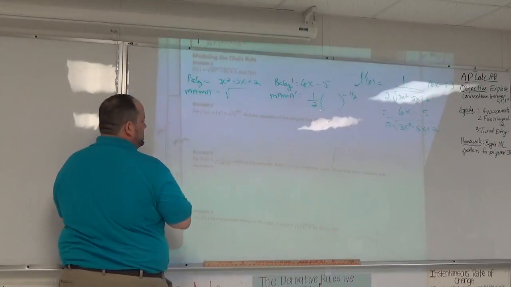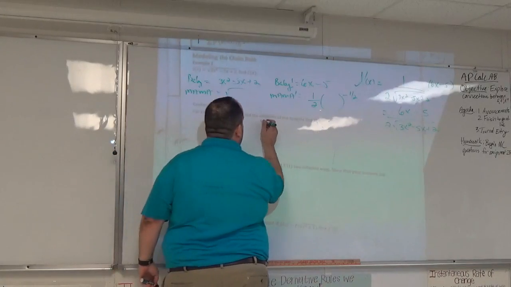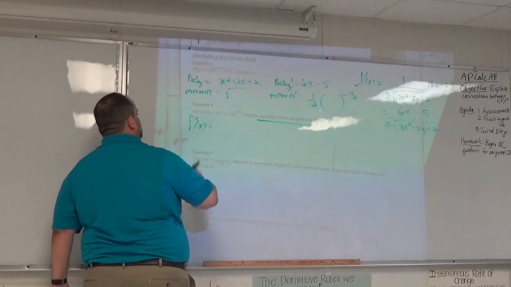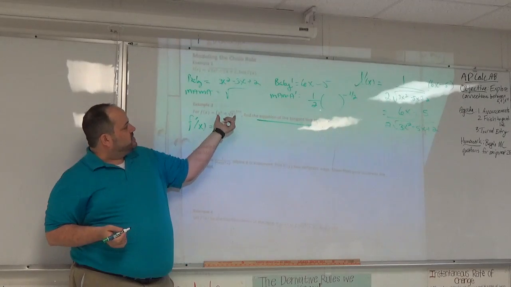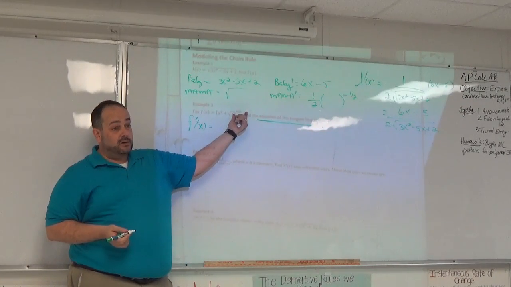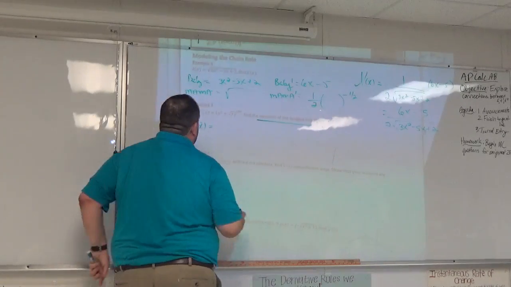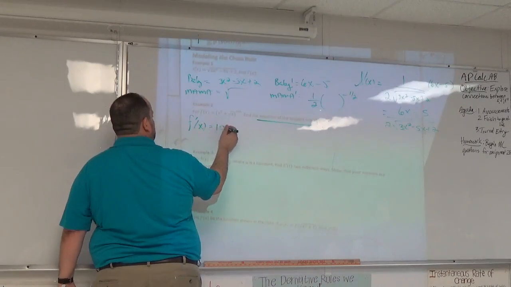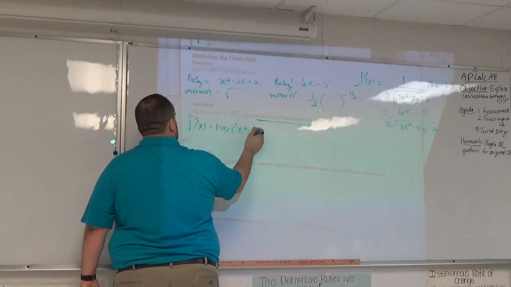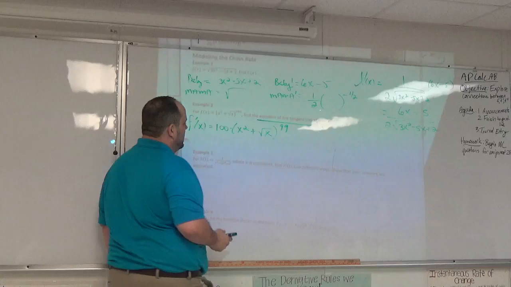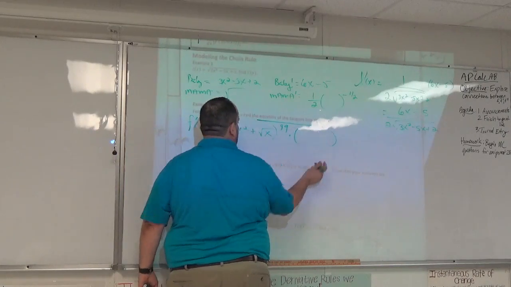All right. Equation of the tangent line. We need a point and a slope. F prime. F is stuff to the 100 power. Clearly, chain rule. Derivative of stuff to the 100 is 100 stuff to the 99 power times derivative of stuff.